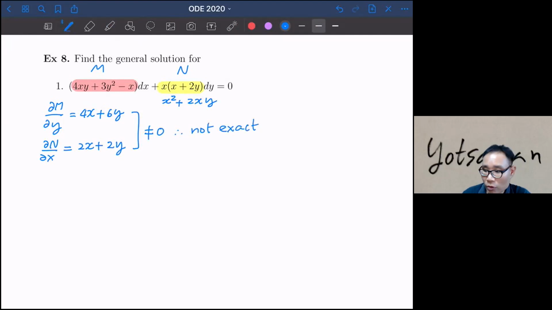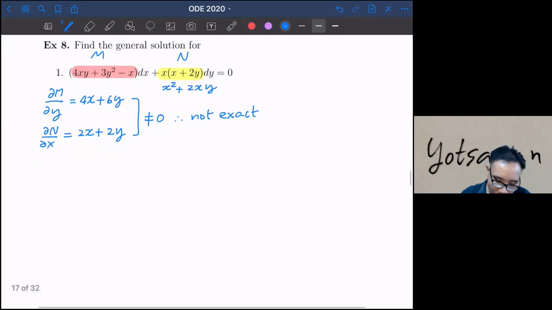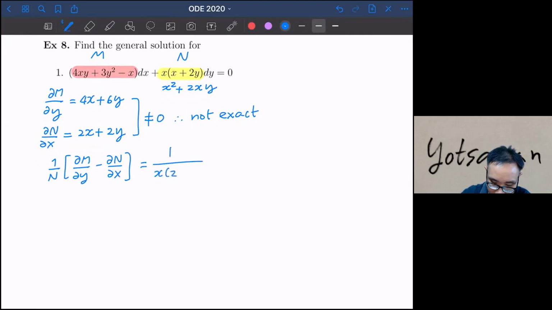When this one is not exact, you're going to find 1 over n times dm dy minus dn dx. So you're just going to have 1 over x plus 2y.